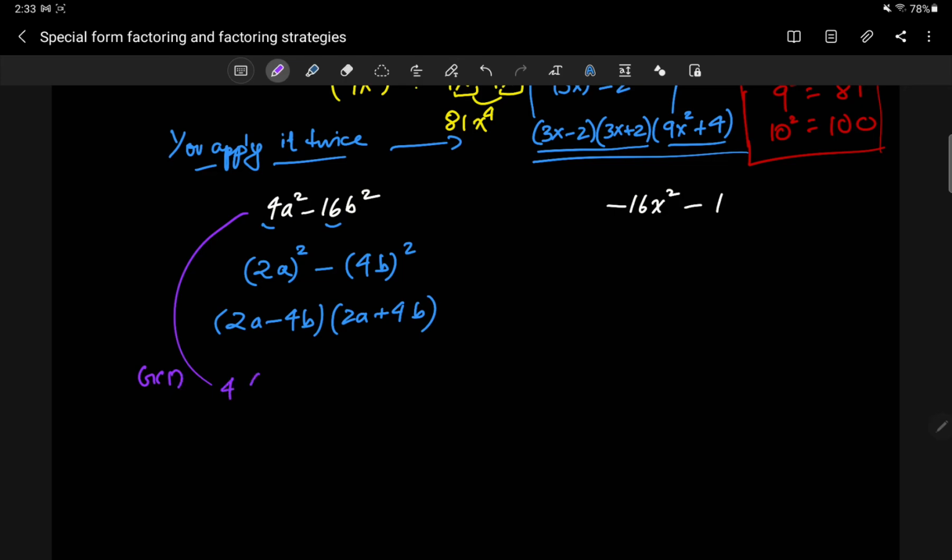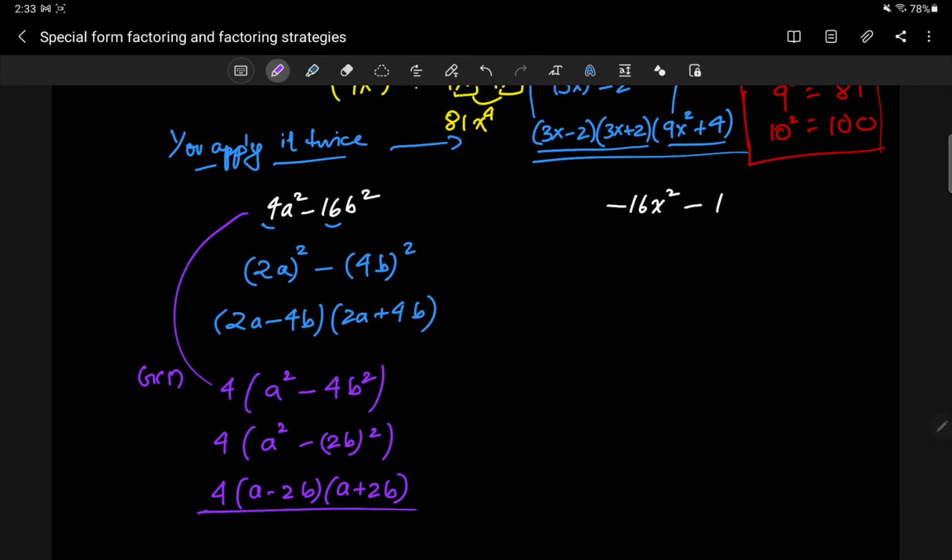There's a 4 and then a squared minus 4b squared, and then apply this to a squared minus 2b squared, which becomes a minus 2b and a plus 2b. So using that GCD method might be helpful.